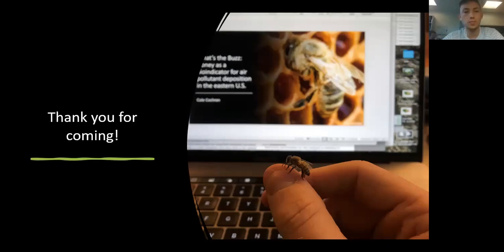That was really awesome. I unfortunately missed the first few minutes, so I have two questions. The first was, do you have any idea if these pollutants are being deposited by rainfall, or is it more like dry deposition? So I'm not sure which is more influential in terms of my study, but I'm thinking that the dry deposition is probably more influential in terms of bees interacting with it in the air.